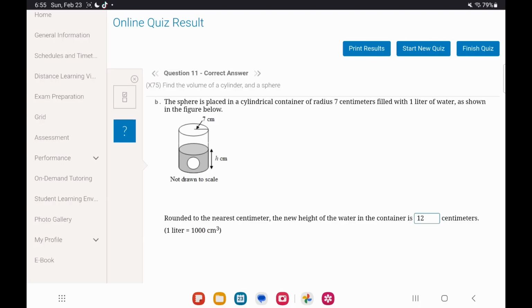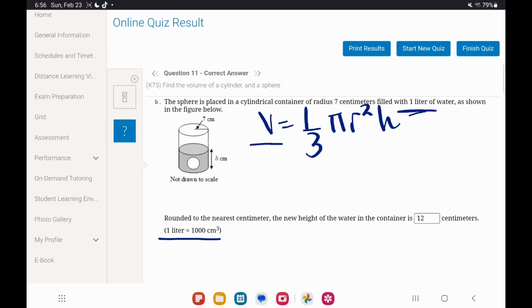Second part. Okay, they want us to find the height. We can find it, so the volume of a cylinder is 1 over 3 pi r squared height. So we can find the total volume because they already told us that there's 1 liter, and we found the volume of the sphere here, which was 288 pi.